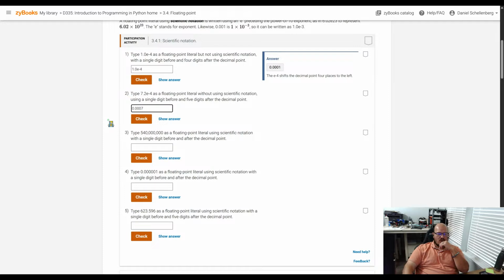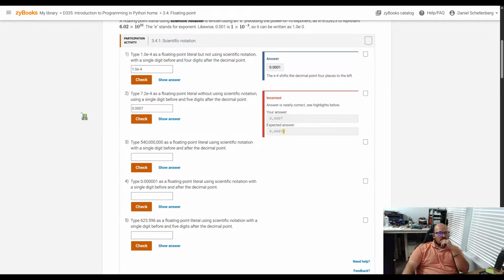I feel like it's wrong. So answer is nearly correct. See how to below. Your answer, expected answer 7.2. Okay, so I had a feeling that the 2 would go somewhere, and then 1, 2, 3, 4.